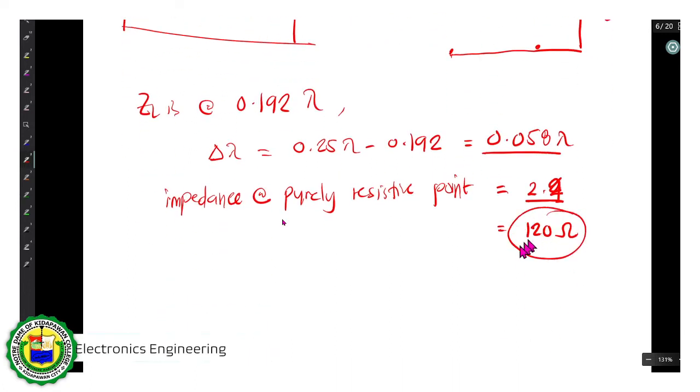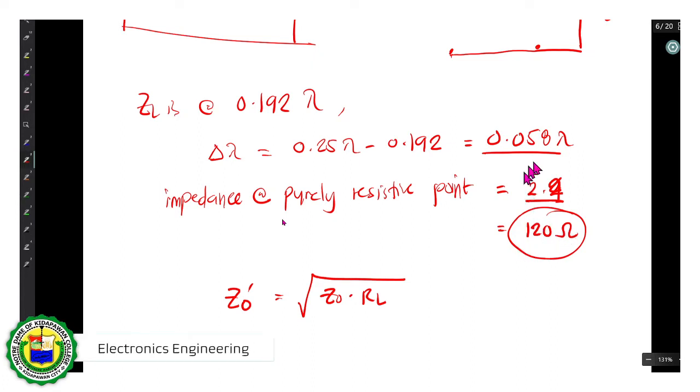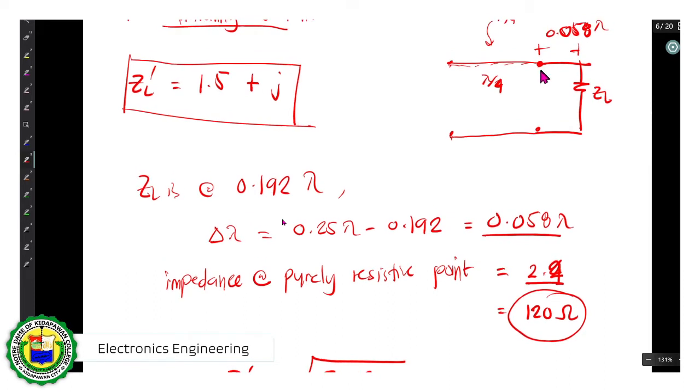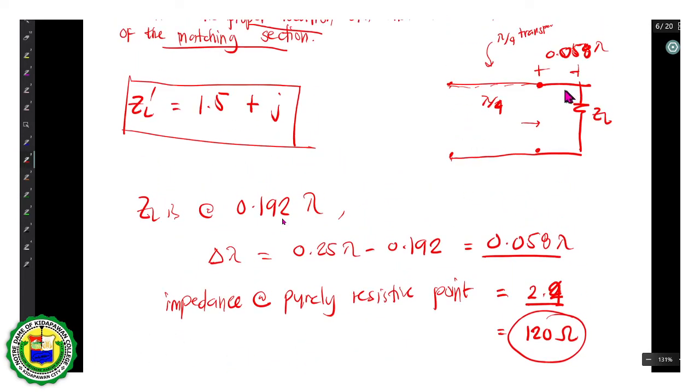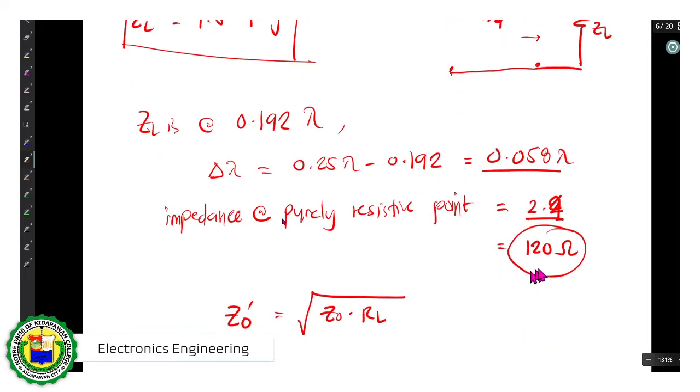The formula is the characteristic impedance of the quarter wave transformer is equal to the square root of ZO times RL, where in this case we use 120 ohms, because seeing from that point we look towards ZL plus the 0.058 combination, which gives us 120 ohms.